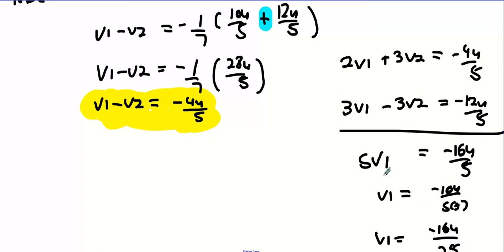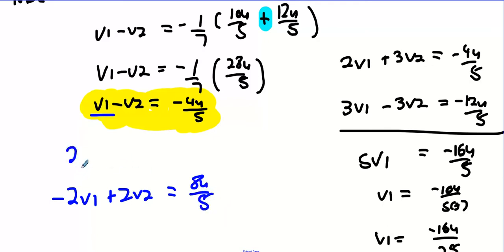Okay, now we're going to find v2. This time we're going to multiply the bottom equation by minus 2. So we get minus 2v1 plus 2v2 equals 8u over 5. Then we use the top equation, which stays the same.